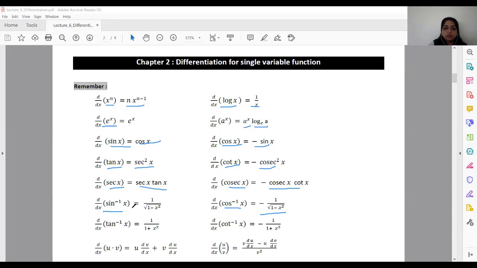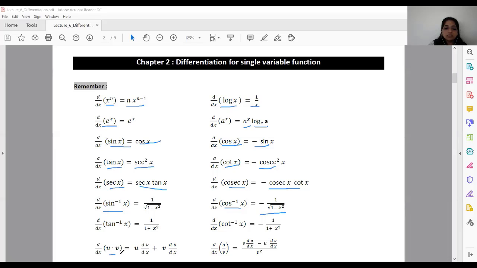Both are the same, but the derivative of sine inverse x is positive and the derivative of cos inverse x is negative. The derivative of tan inverse x is 1 upon 1 plus x square, whereas the derivative of cot inverse x is minus 1 upon 1 plus x square.